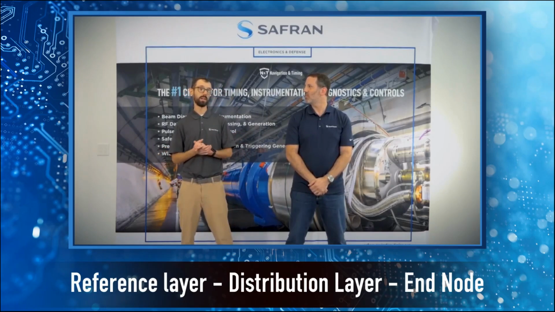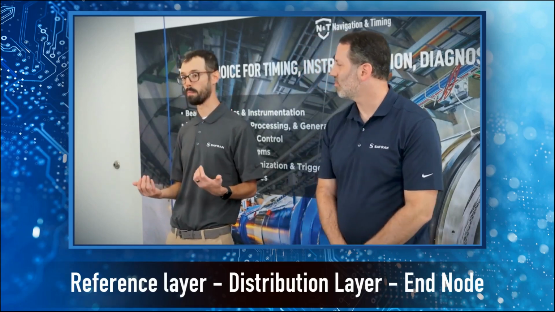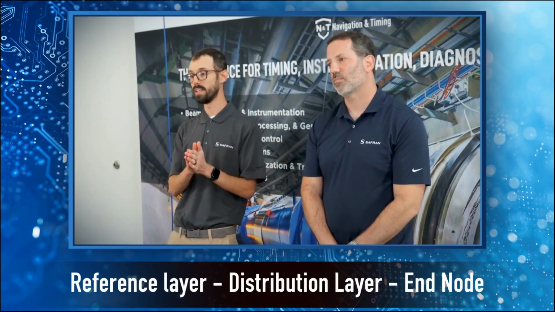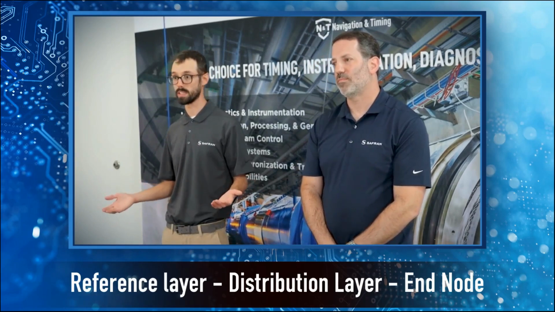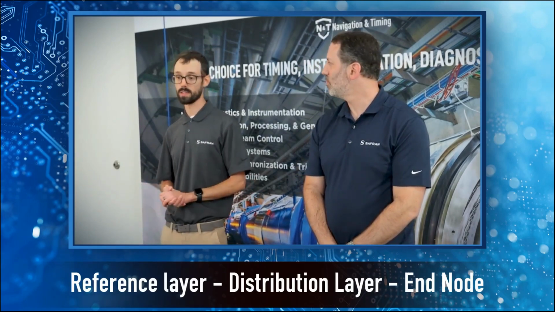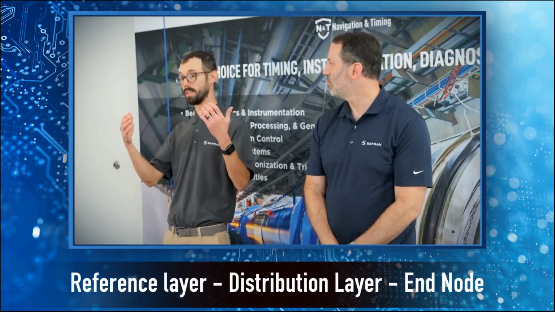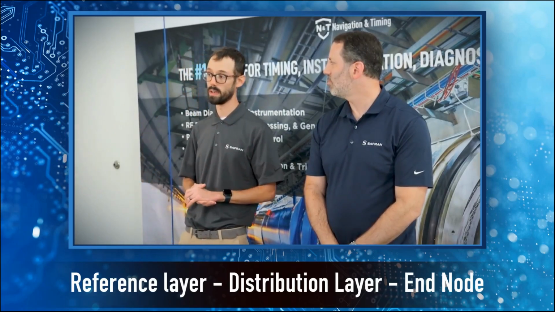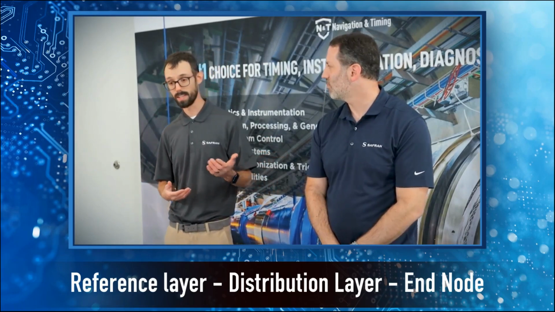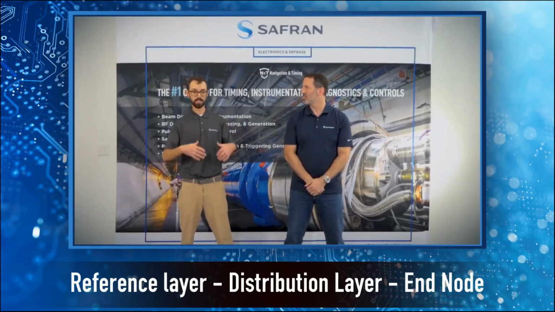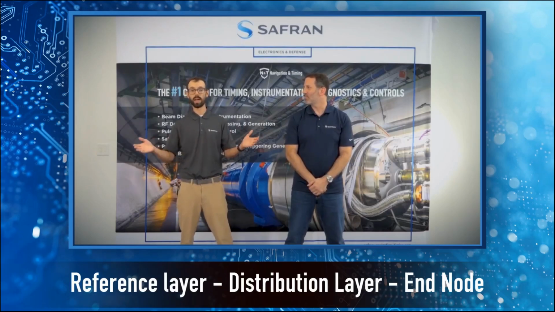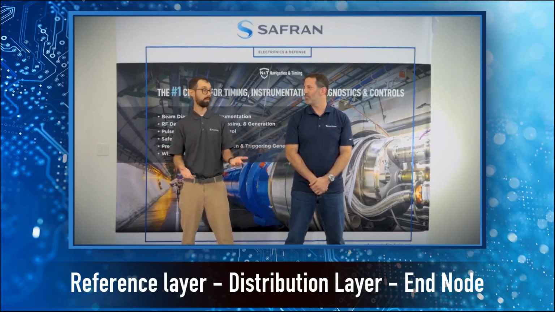So at the reference layer, that's where we were talking about consolidating references into one point, and then being able to feed those references to devices in the distribution layer. That is also where we will have our redundancy for feeding into the distribution layer. And then once the reference is passed to the distribution layer, that's where it will fan out to other distribution nodes, and finally to the end nodes.